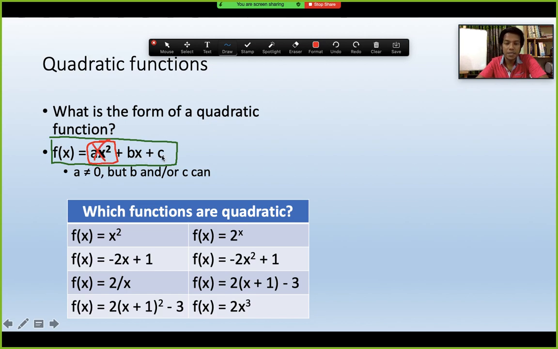Then this is bx plus c, and bx plus c is actually a linear function. So this function is quadratic mainly because of this term. This ax squared actually makes the function quadratic. This is the main reason.